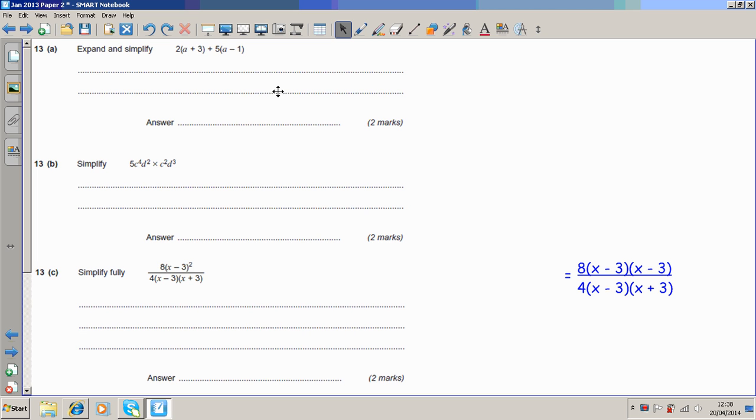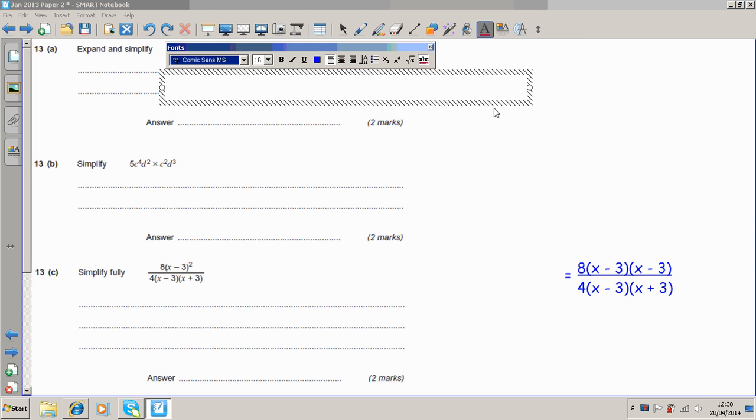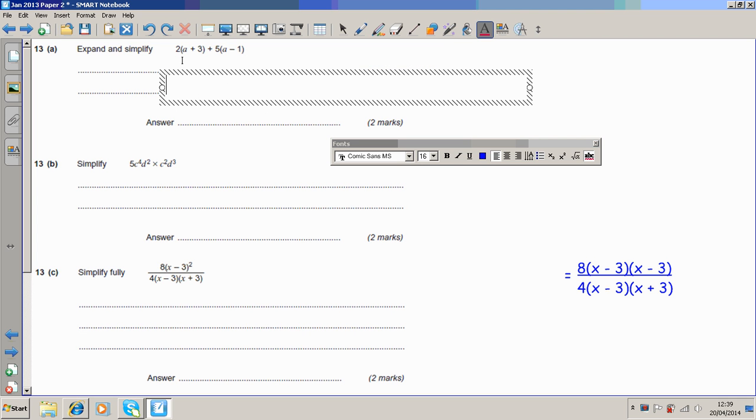13. Expand and simplify. 2(a + 3) + 5(a - 1). I mean, you've just got to be careful with the minus signs on these, that's all. Yeah? So looking at the first bracket, 2 times a is 2a, 2 times 3 is 6, 5 times a is 5a, and 5 times minus 1 is minus 5.